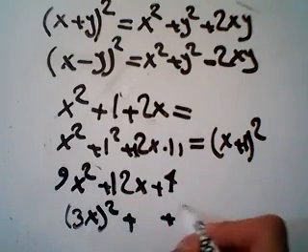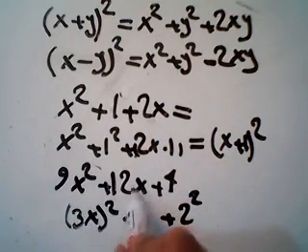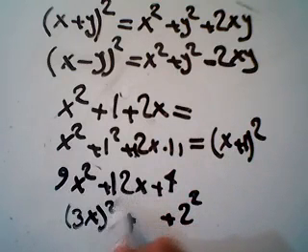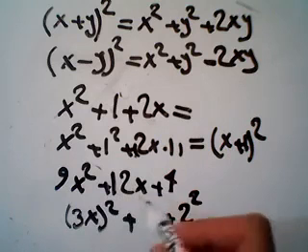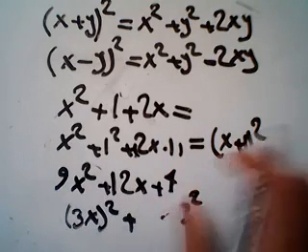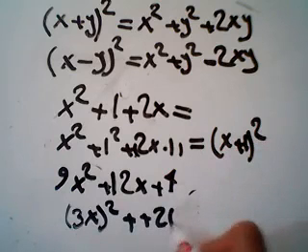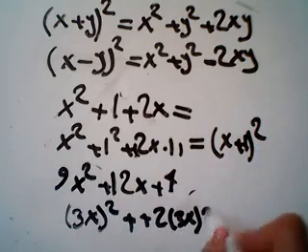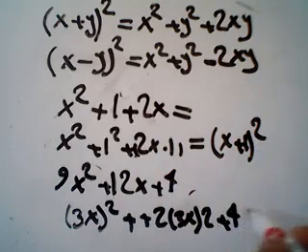The last term is 2 squared, and this is double of this one times this one. This one times this one is 6x, and double of it is 12x. So 6x times 2, plus 4.